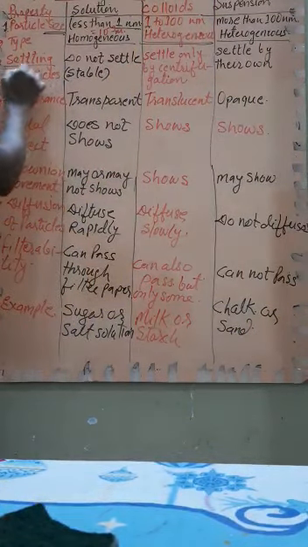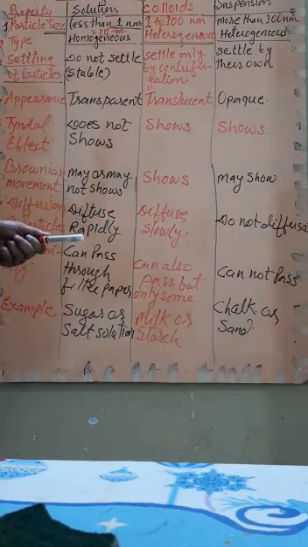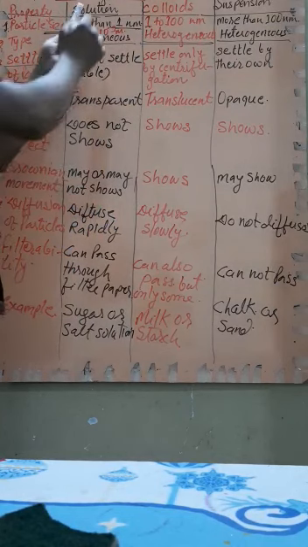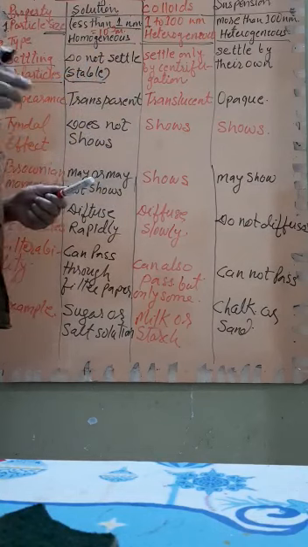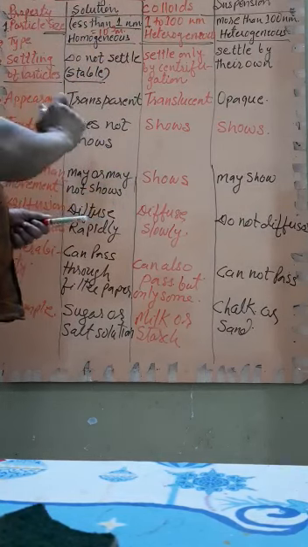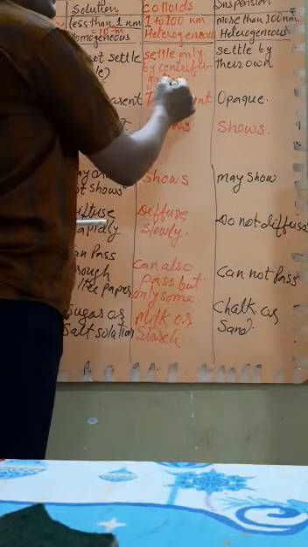Third one is settling of particles. Settling of particles means if we keep the vessel at eye level and observe, the solution is stable, that is, it does not settle down. The particles keep moving here and there. While the colloids settle only by the centrifugation process.